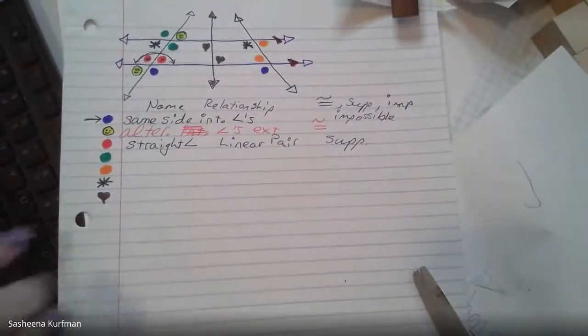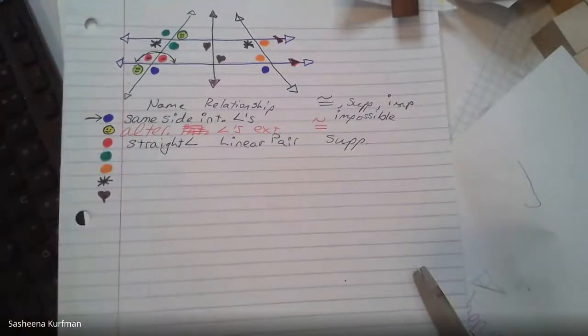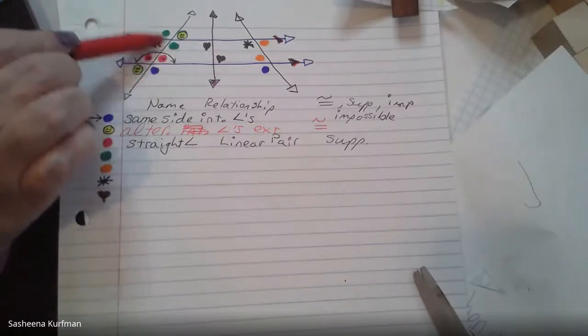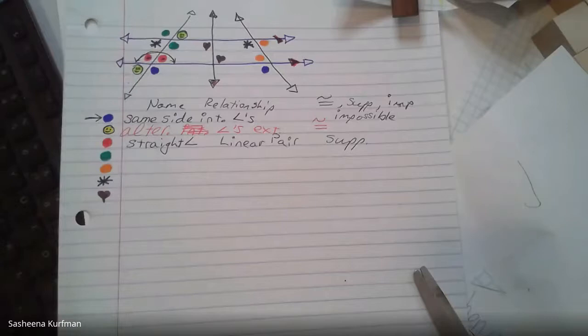This next angle, the green dots, these two green dots, again, we only create these two angles with two lines, not three. So they're not going to be the alternate interior, alternate exterior, corresponding, or same side interior angles.